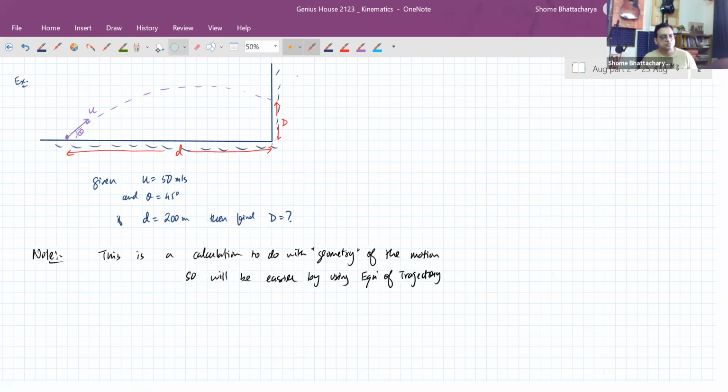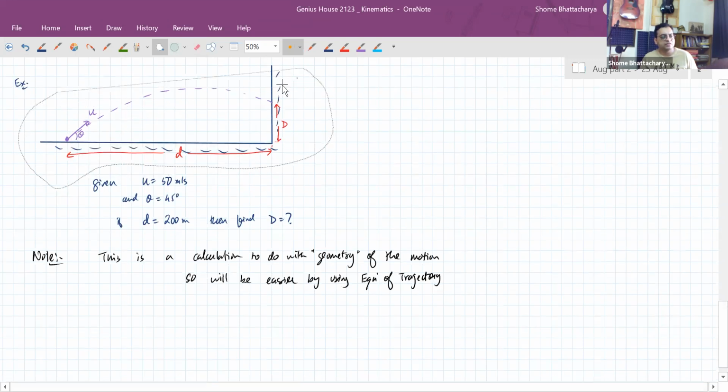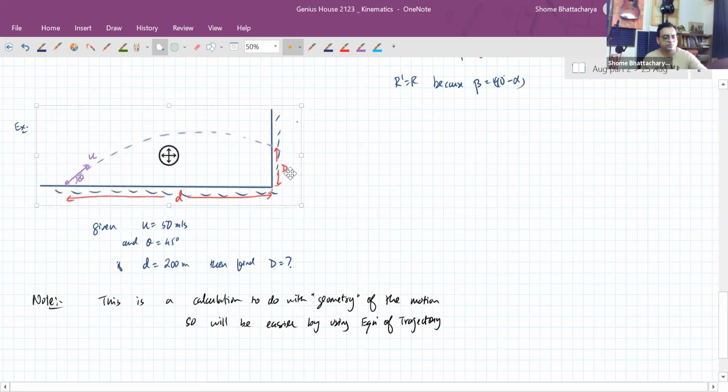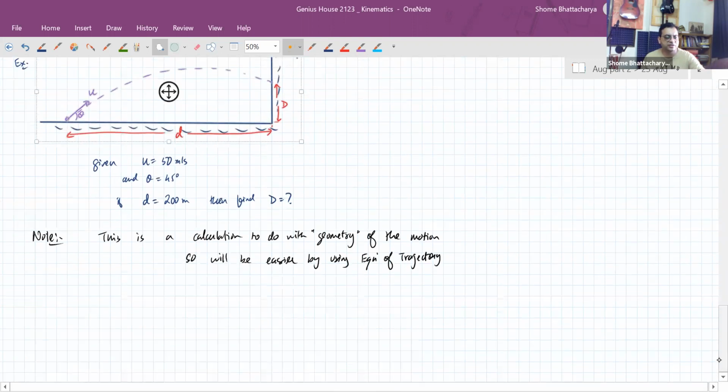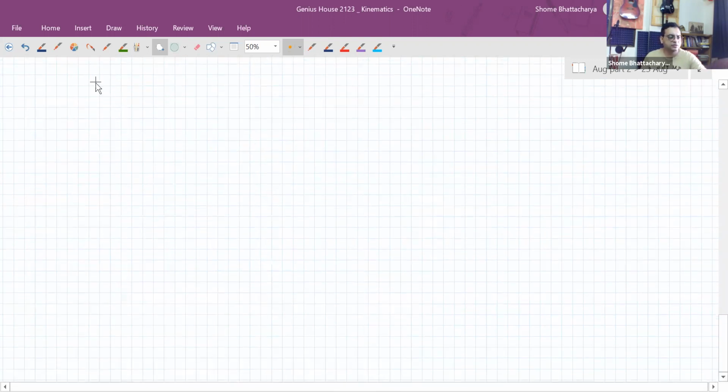Let's understand how. To set up the equation of trajectory, we have to, of course, set up the problem in terms of the standard reference frame. I'll bring you back to the data of the question. First, let's understand what I'm trying to say here in terms of the solution.